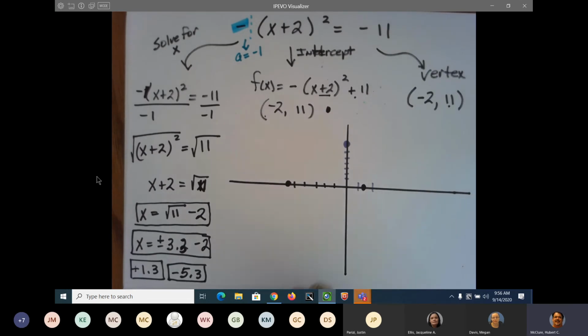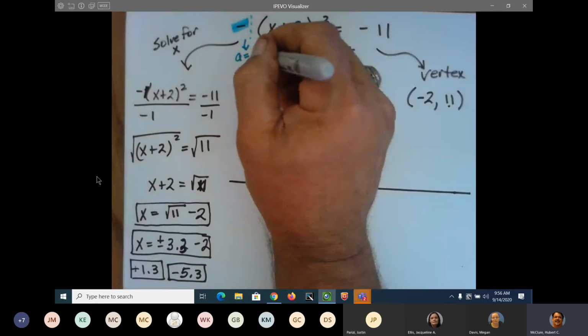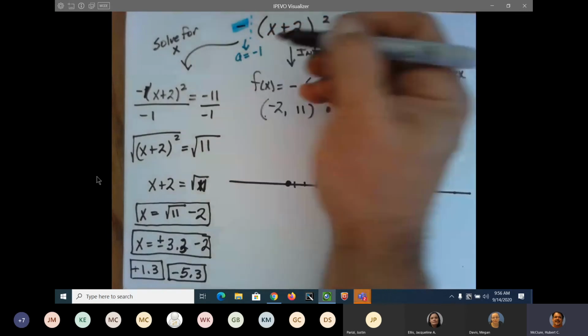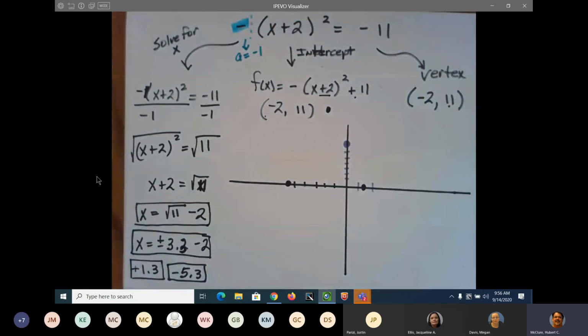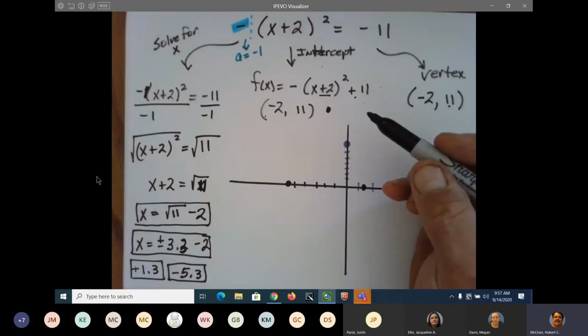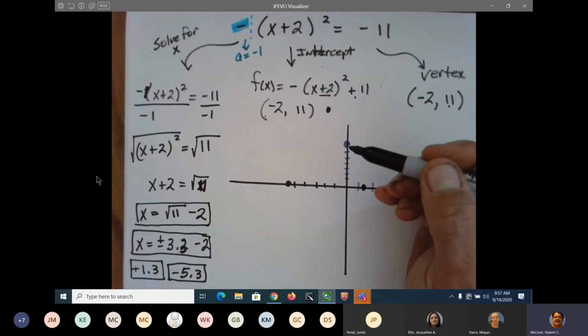Okay, so if A is equal to a negative number, what does that mean about the parabola? There, Miss Yarborough. Tatiana, did I say that right? Tatiana.